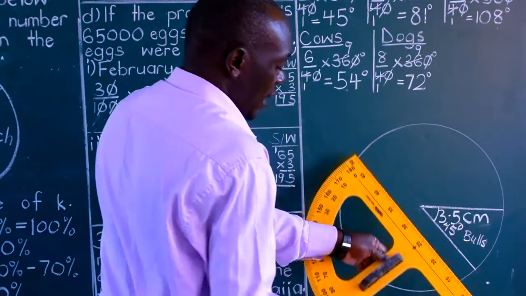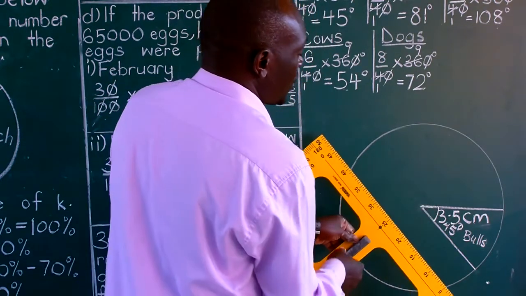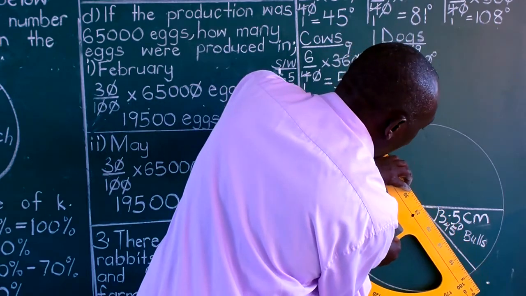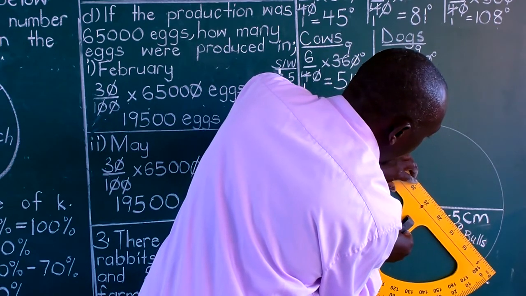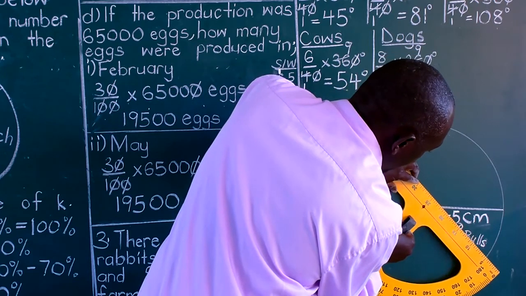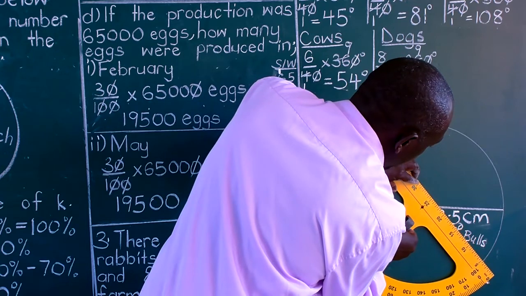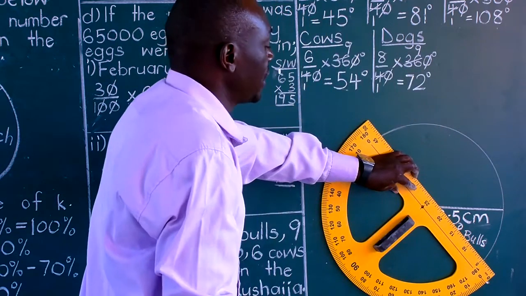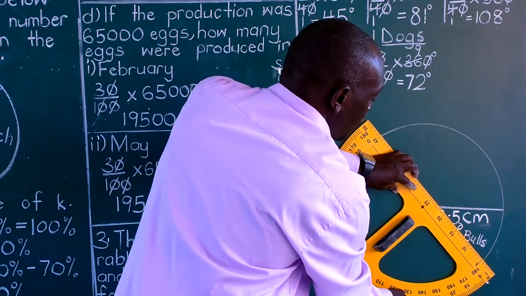Still ensure the 90 line goes directly to that connection, the central point, and then cover the new radius. Cover the new radius properly with the black line. Having covered properly, then you start reading up 54: 0, 10, 20, 30, 40, 50.